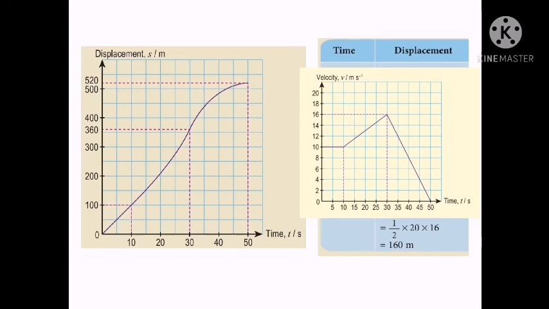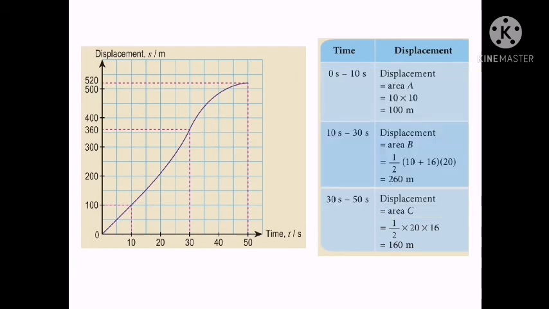Since the velocity is increasing, the displacement will be increasing exponentially. That's why in this section, the graph is concaving up. And from 30 seconds to 50 seconds, the velocity is decreasing. Since the velocity is decreasing, it means the object is moving but with a decreasing rate. And that is why my graph for this section is concave down.